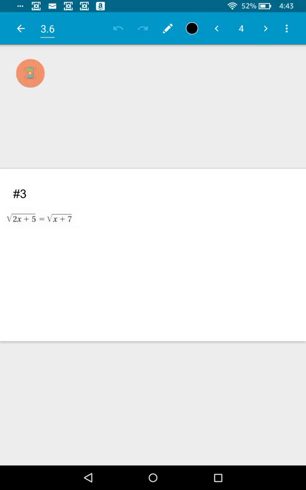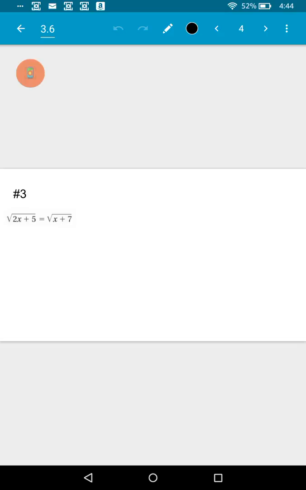Let's go to the one you did yesterday. It was one of your homework problems. I have the square root of 2x plus 5 equals the square root of x plus 7. In these type of problems, when you have a radical and there is no number next to the radical, you know 2 is understood.